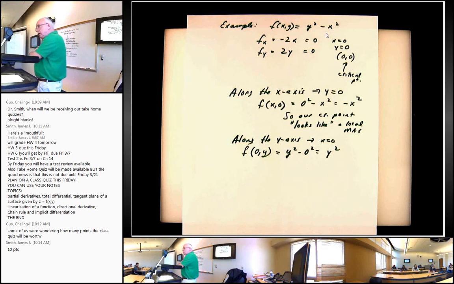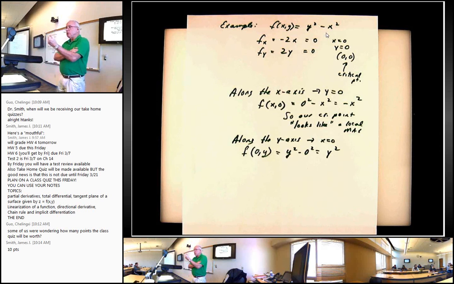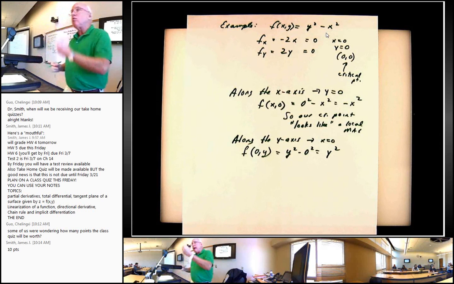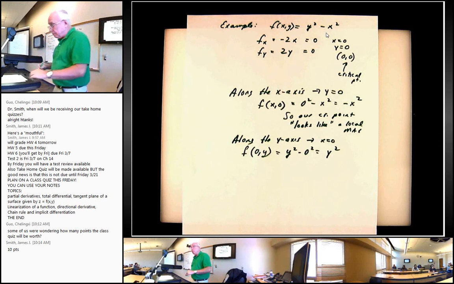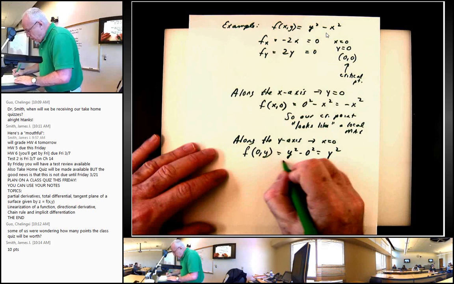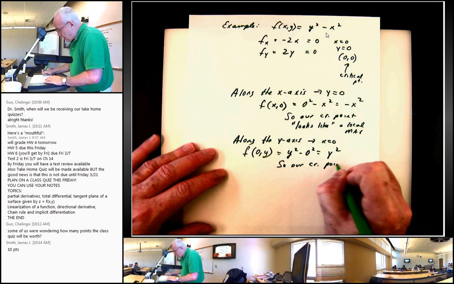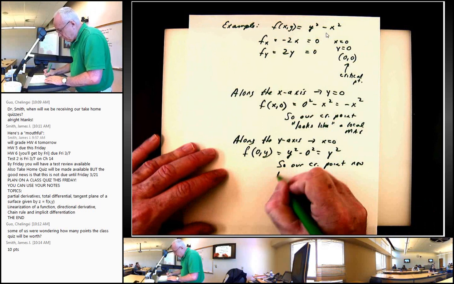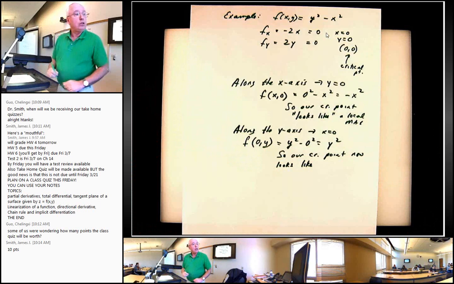Now y squared, (0,0) is the bottom of the valley, and it goes up on either side of it. So on that road, our critical point now looks like a local minimum.